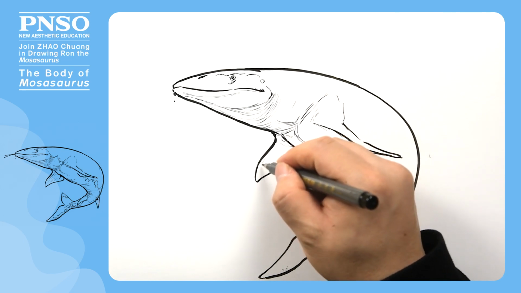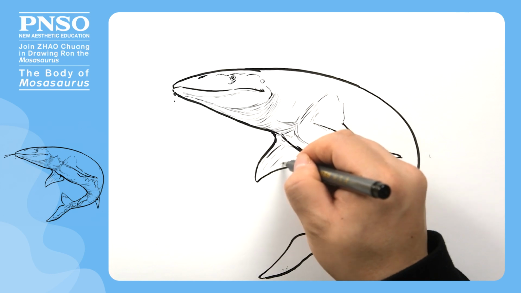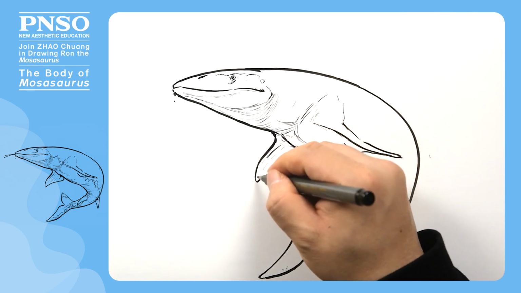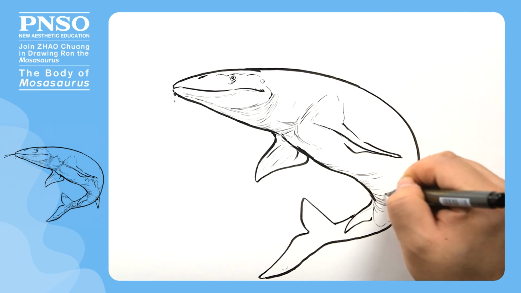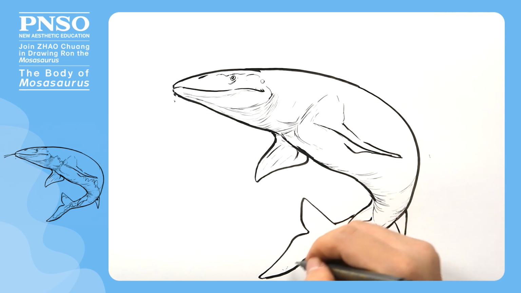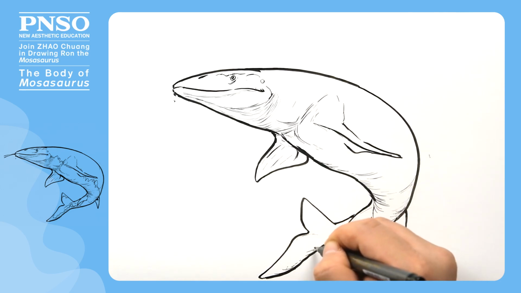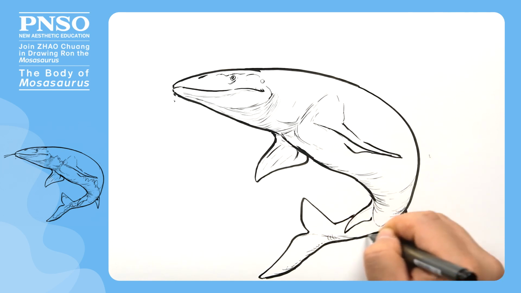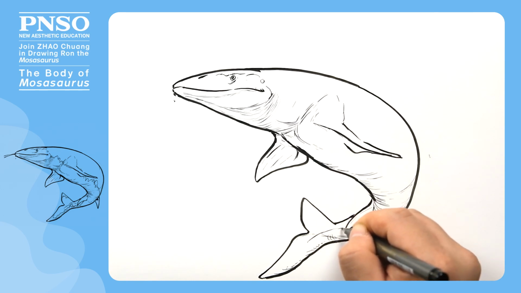On its flippers, we can slightly draw some traces of its fingers. Then, the muscles on the sides of its tail.